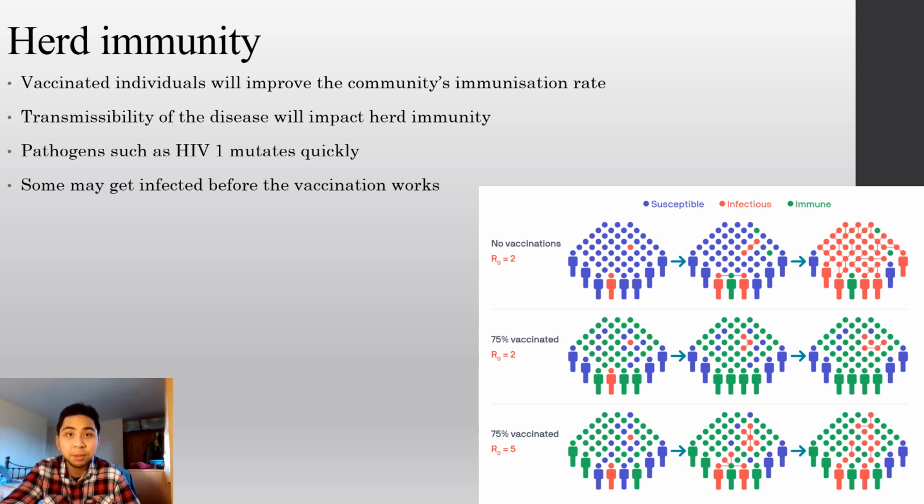One of the main problems facing herd immunity is that during the process of vaccination, some people may get infected before the vaccine has had time to work. Furthermore, pathogens such as HIV-1 or influenza may mutate very quickly, changing the pathogens they present, causing more difficulties for the immune system to protect against these pathogens.